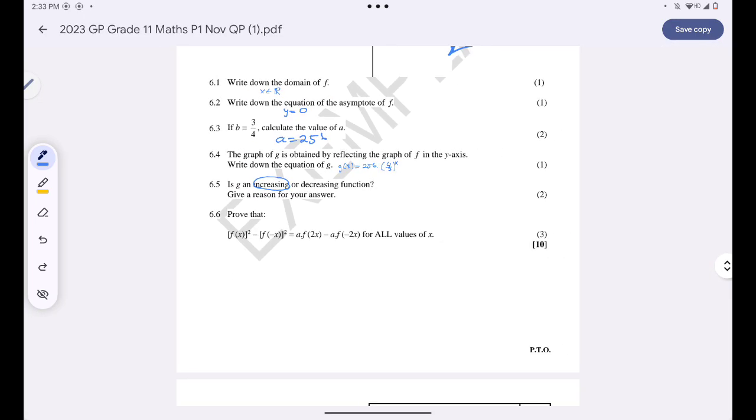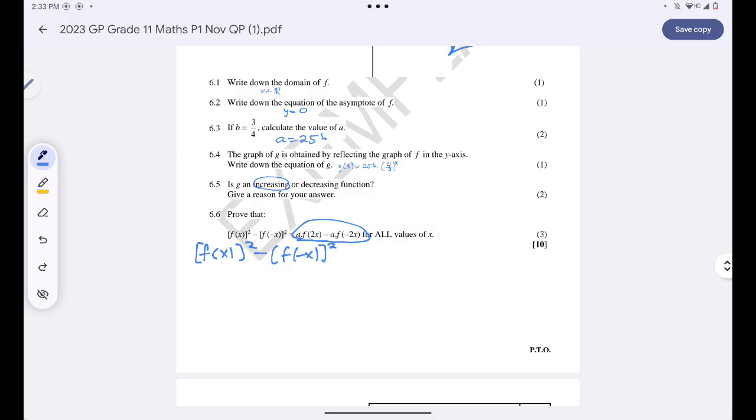Now you're supposed to prove that f of x squared minus f of minus x squared is equal to this. Okay, let's find out.